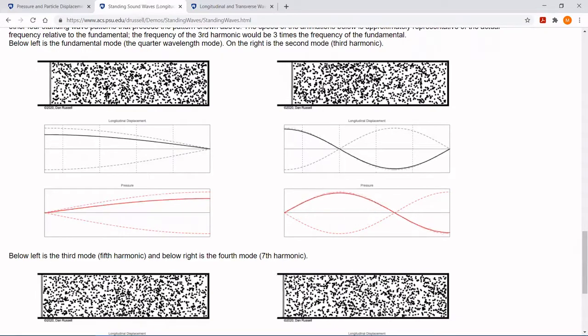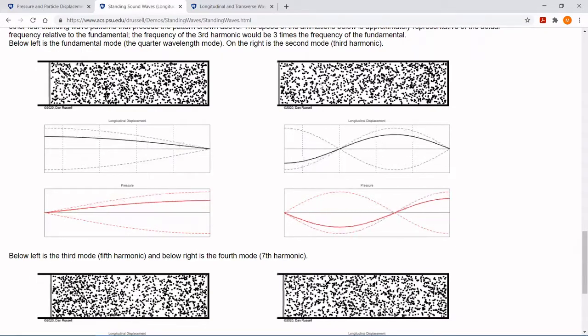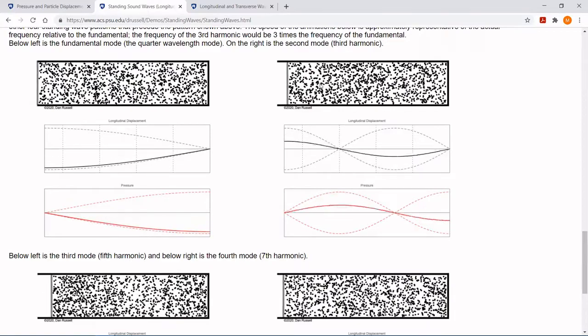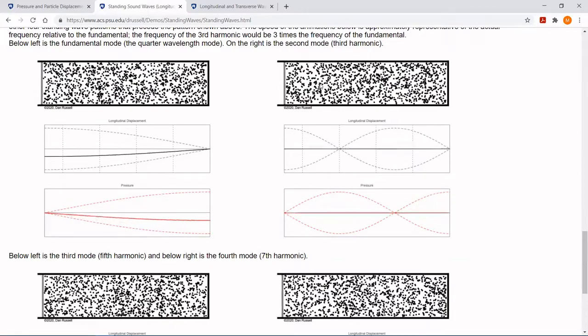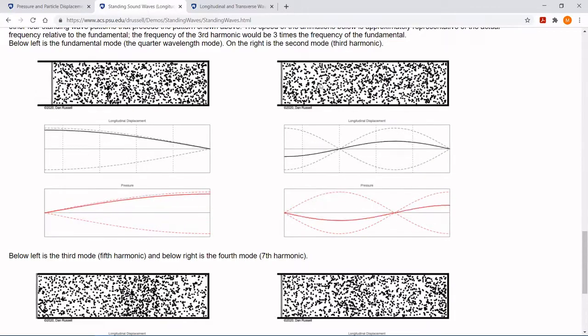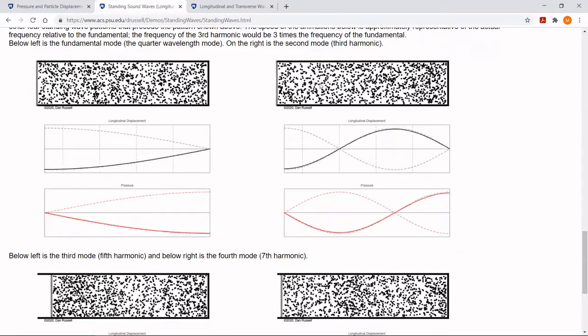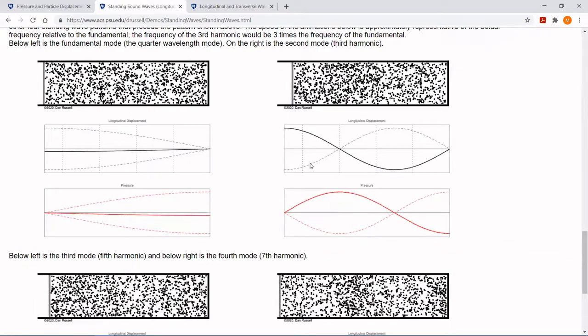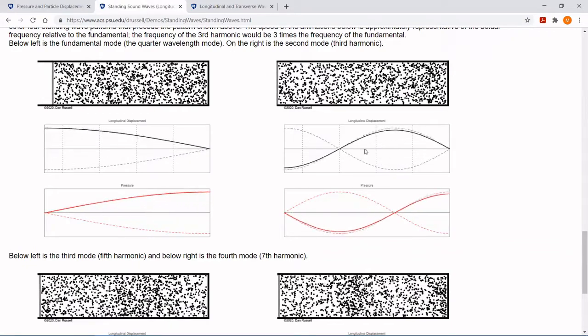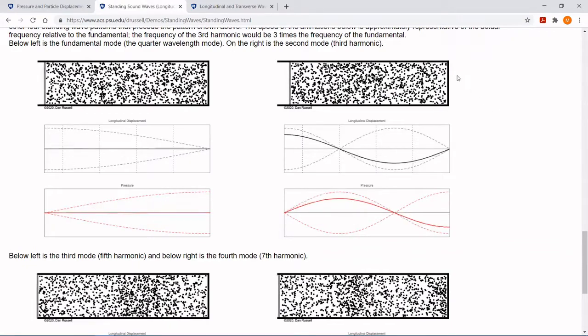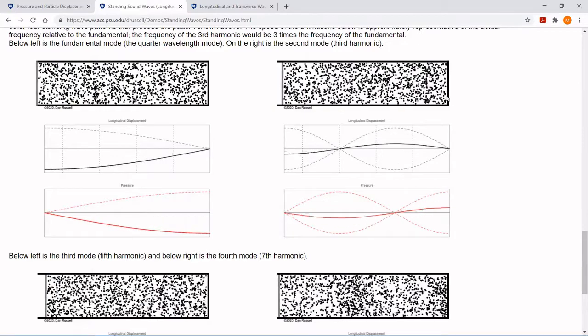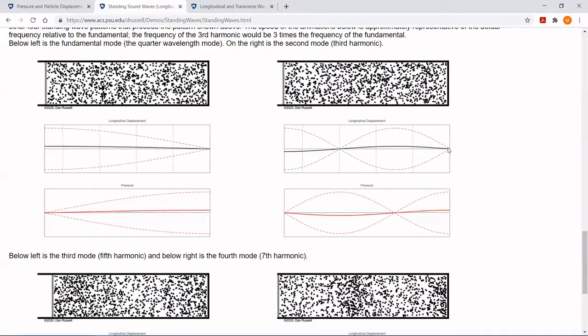Makes sense. When we looked at the allowable frequencies on a string, standing waves on a string, we found that all of the frequencies of the standing waves are higher and higher multiples of the fundamental frequencies. So it's not surprising that these next modes would have higher frequencies. Let's check our boundary conditions. We know that the closed end must be a displacement node, and it is.